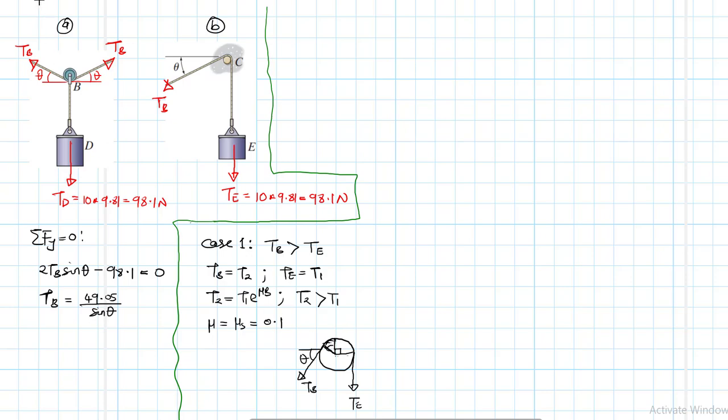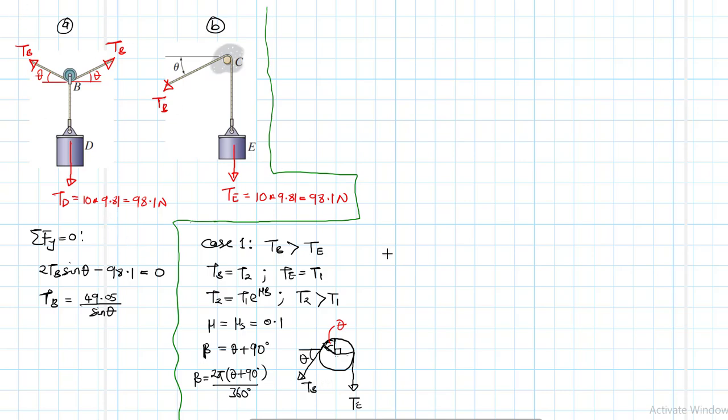So this one there is theta. This one here is theta. So it's 90 plus theta, right? So our beta is equal to theta plus 90 degrees. Converting it to radians, beta will be equal to 2 pi times theta plus 90 degrees divided by 360 degrees.